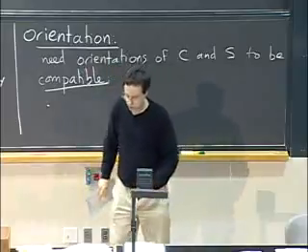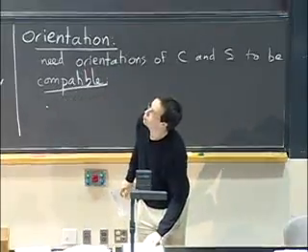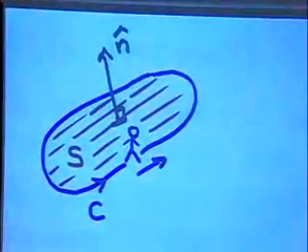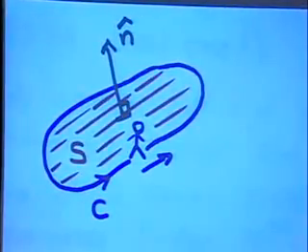Okay, let me show you a picture. So the rule is, if I walk along C with S to my left, then the normal vector is pointing up for me. Okay, let me write that.